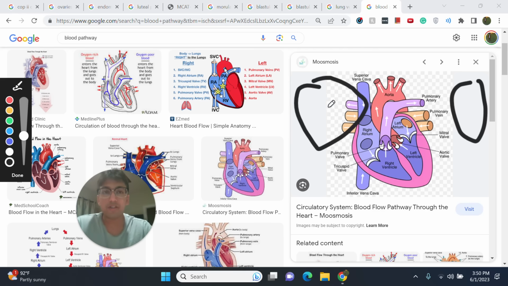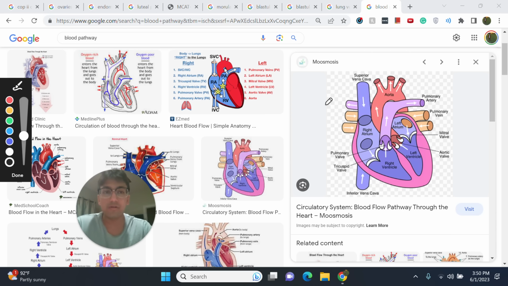And then it becomes oxygenated, and it comes through the pulmonary vein back to the left atrium. So the newly oxygenated blood from your lungs is going through your pulmonary vein to send oxygenated blood to your left atrium.